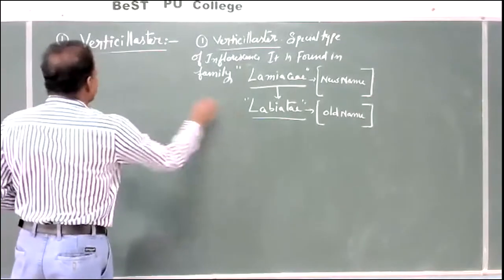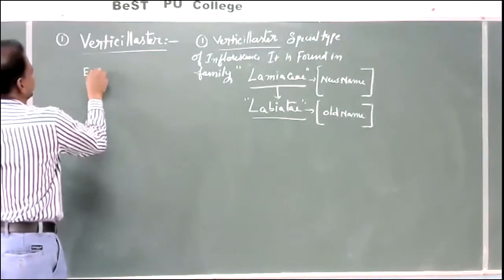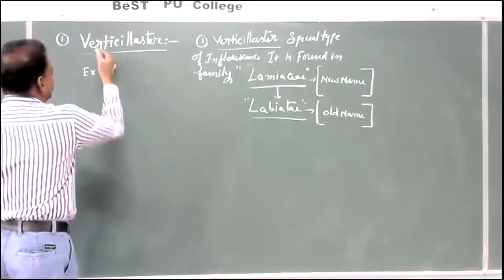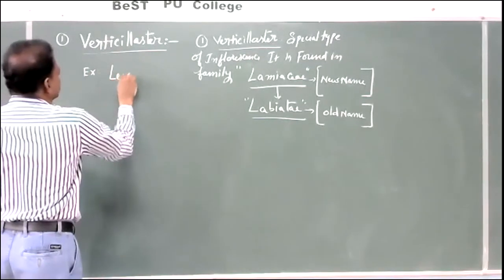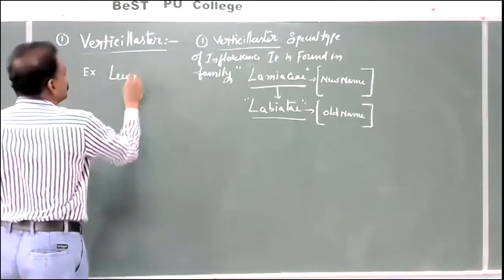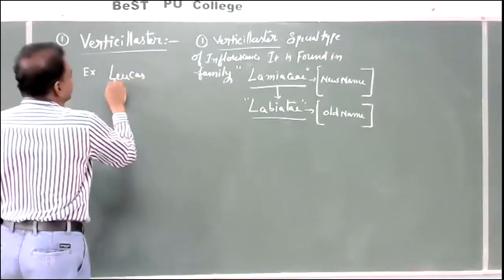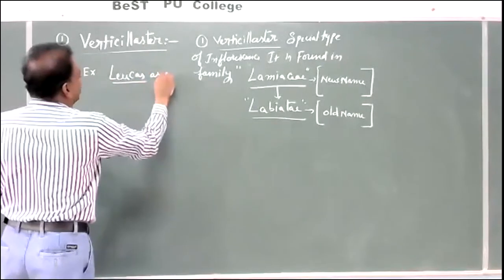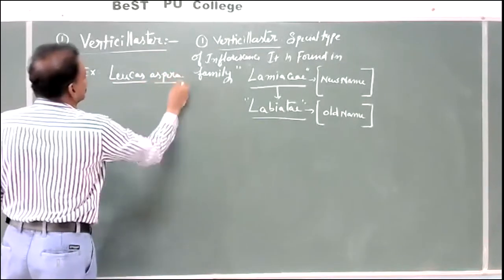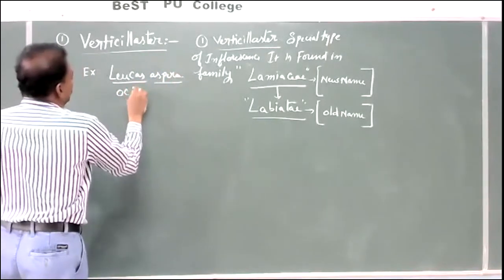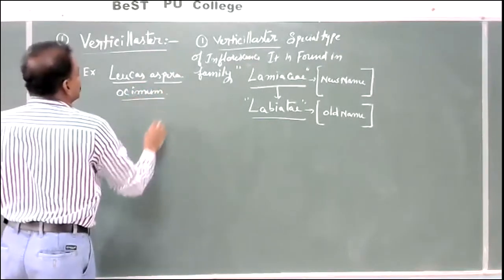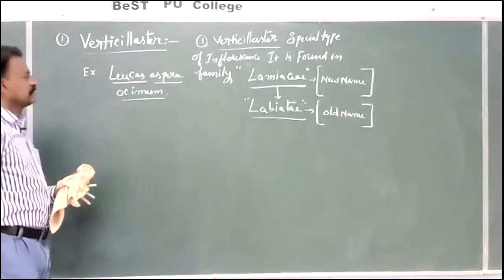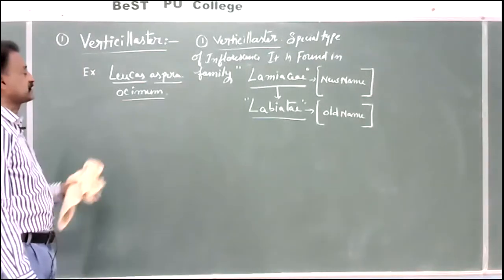Examples in this: Leucas, Leucas aspera, Ocimum, Leonotis, Salvia.